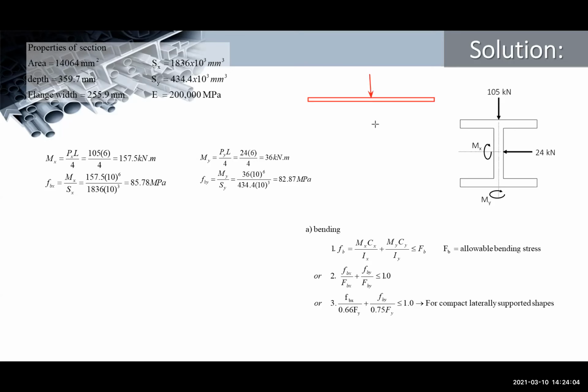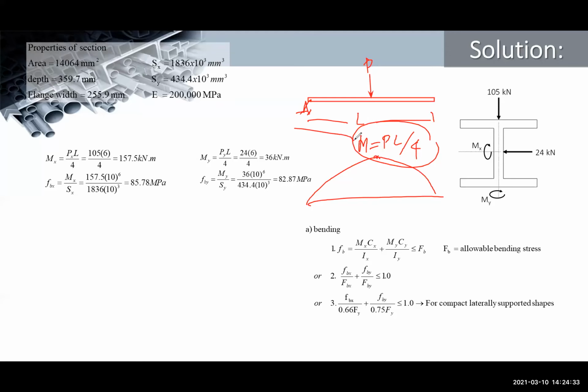When we have a concentrated load at the midspan, let's say that is P, and this is the length L. When we draw the shear and moment diagram, the maximum moment, or the moment at the midspan, is equal to PL over 4.